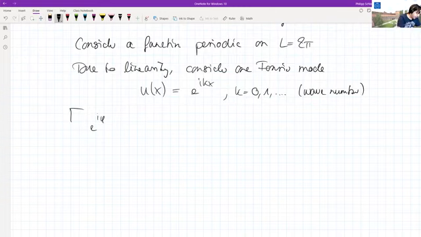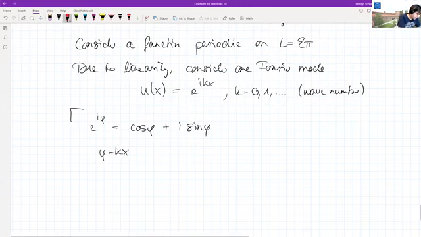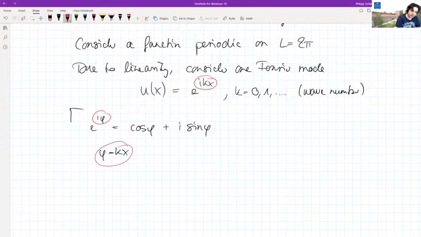If you have e to the i phi, so an exponential of an imaginary number, then this can also be written with the Euler formula as cosine of phi plus i sine of phi. And now for the example above, I have used that phi is actually k times x. I mean, this and this are the same. Phi would be k times x.